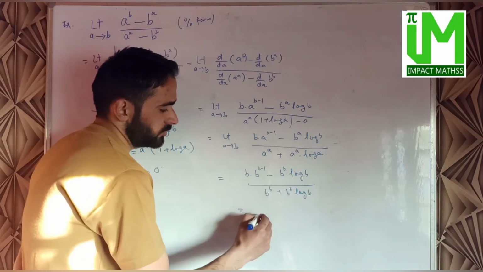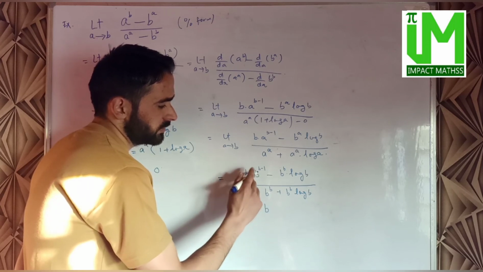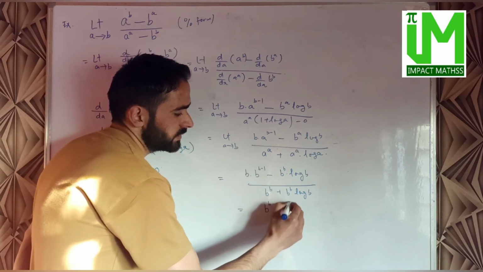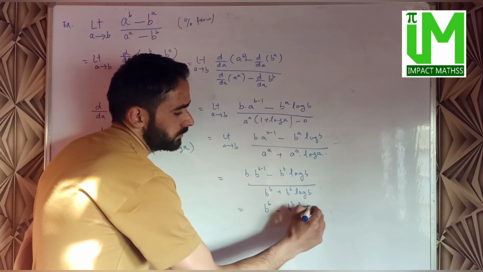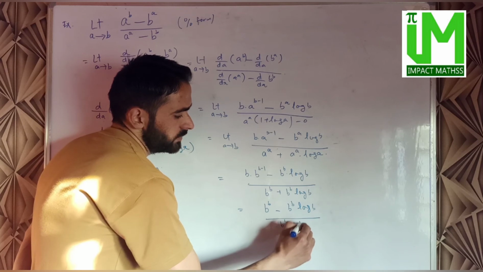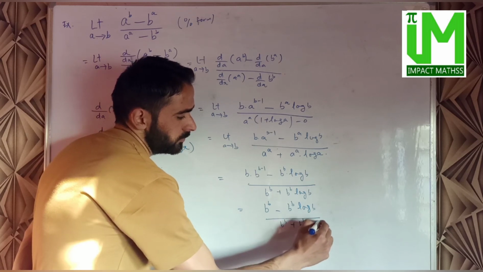So the numerator will be b raised to power b minus b raised to power b log of b, divided by b raised to power b plus b raised to power b log of b.